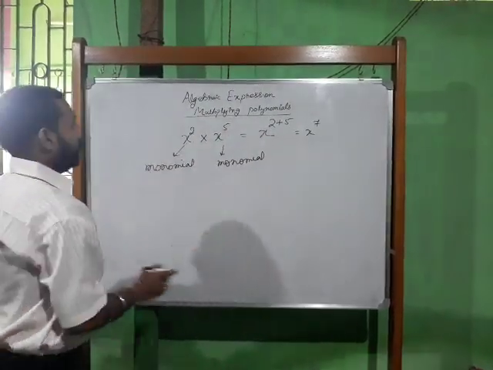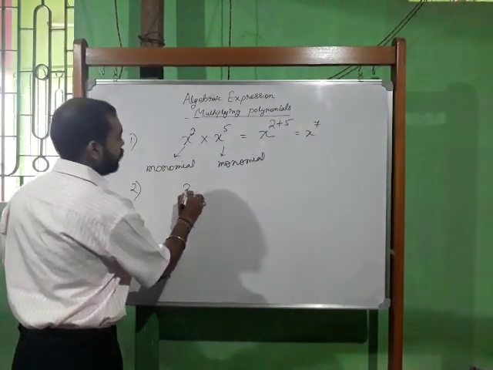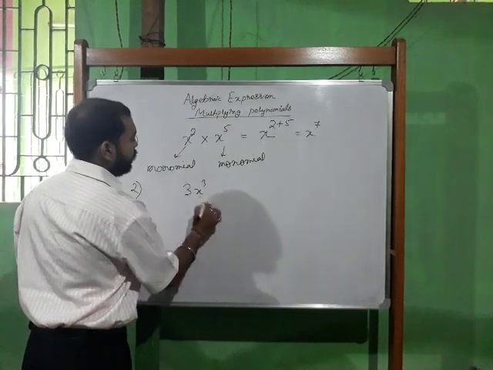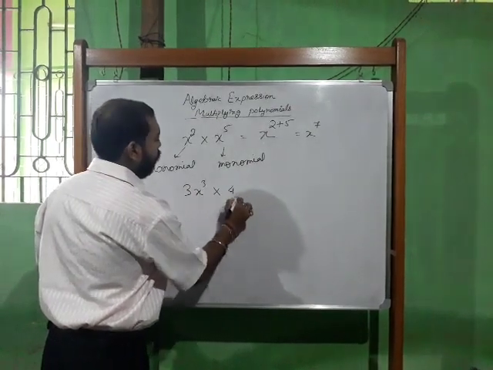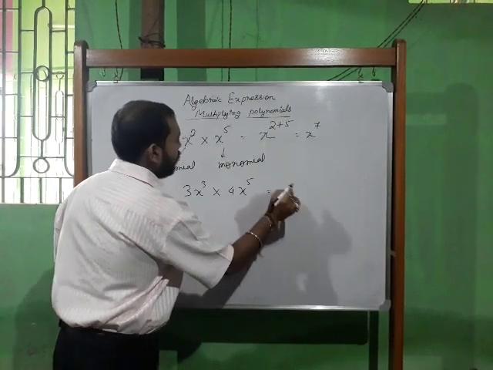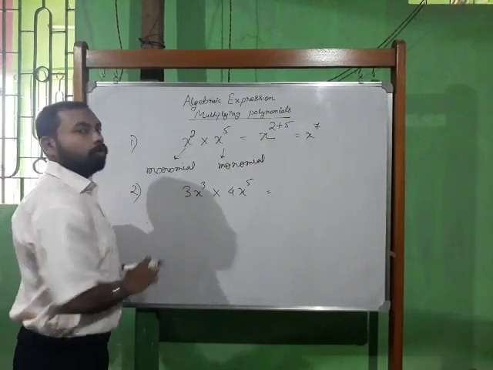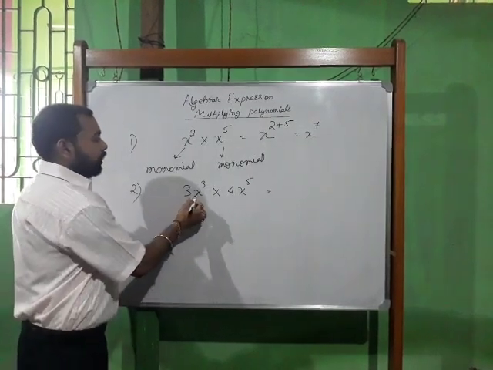Now let us take one more example, number 2. If the question is like this, 3x to the power 3 multiplied with 4x to the power 5, what will be the answer? Here 3 and 4 are the coefficients, as you are familiar.